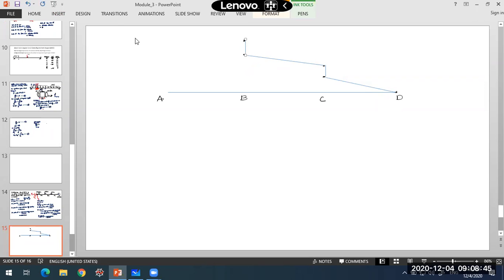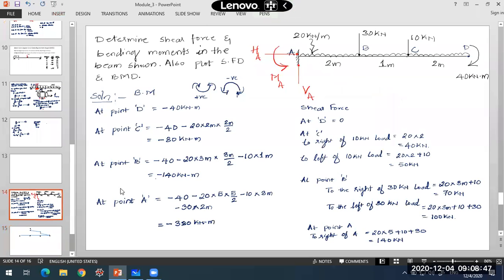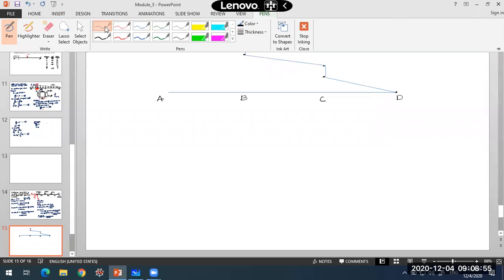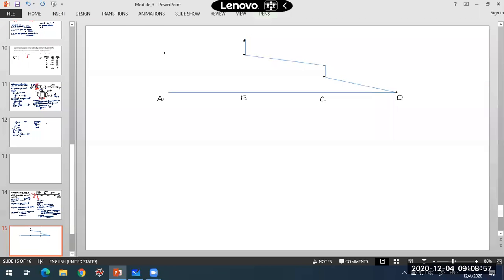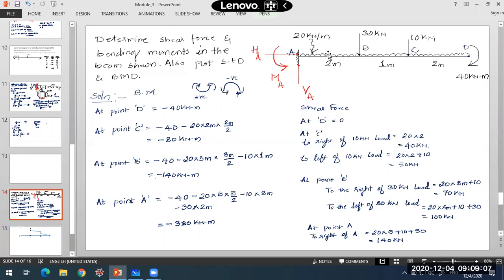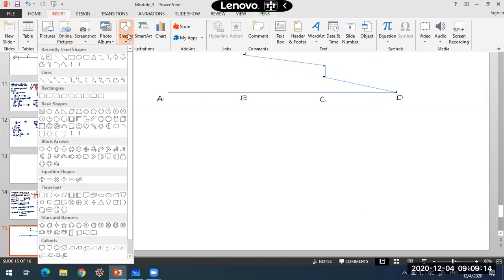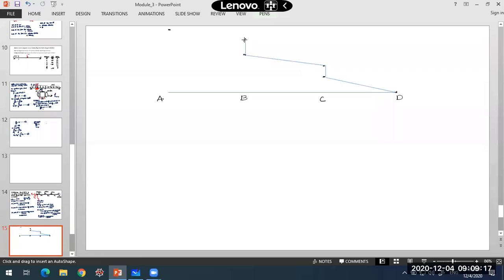So here at one single point, you have a sudden increase in the shear force value. And when I come to point A, the value of shear force is 140 kilonewtons. So at point A, I'll mark an ordinate with the 140 kilonewton shear force value. And in this region also, because you have UDL applied over here, it will increase linearly. So this will be a linear variation in the shear force.